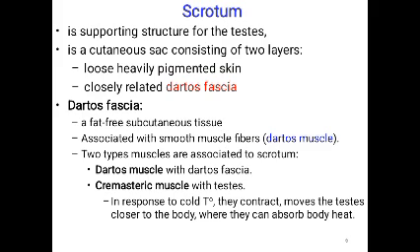Two types of muscles are associated with the scrotum: one, dartos muscle with dartos fascia; two, cremasteric muscle with testes. In response to cold temperature, they contract and move the testes closer to the body, where they can absorb body heat.